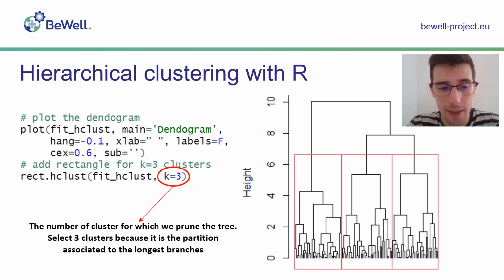To use it, it is enough to put the fit_hclust object as first option and select the number of clusters we want in the second option, named k. In this case, we select 3 clusters because it is the partition associated to the longest branches. This produces the 3 rectangles displayed in the figures.